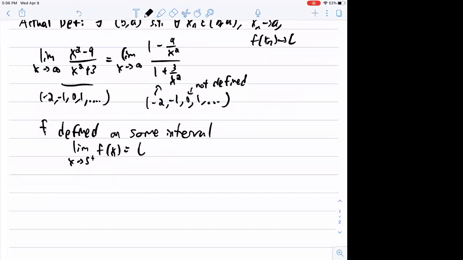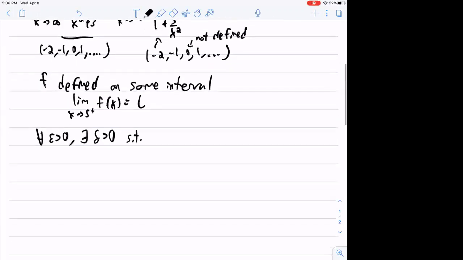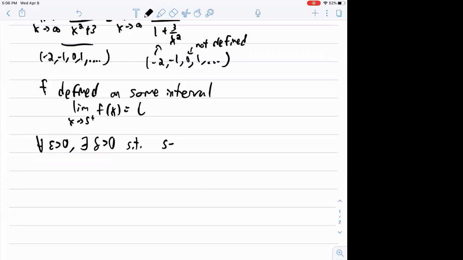What does it mean to approach s from the right? It's exactly what you think. For all epsilon greater than 0, there exists delta greater than 0, such that, before we had absolute value, but in this case, we're only approaching s from the right.